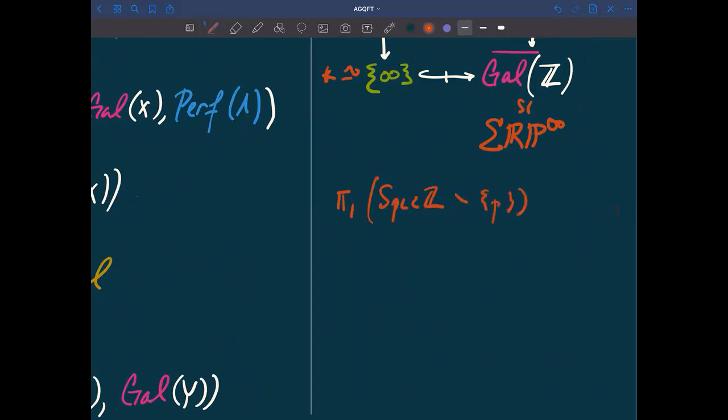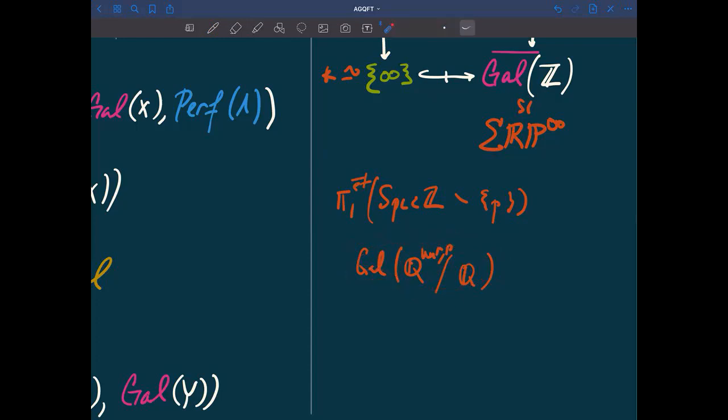If you do this with the étale thing, then this is the Galois group of, I never know what the right notation for this field is, but this is the maximal extension unramified away from the prime p. And so this is absolutely something you want to think about.